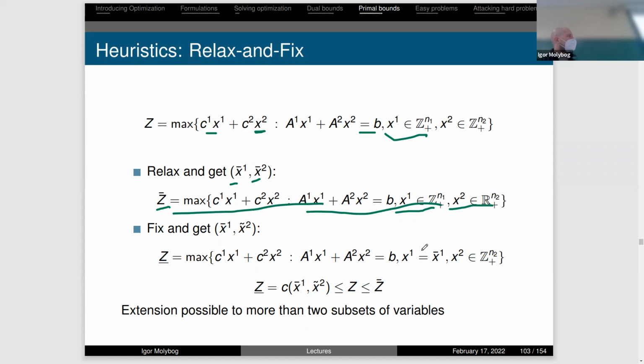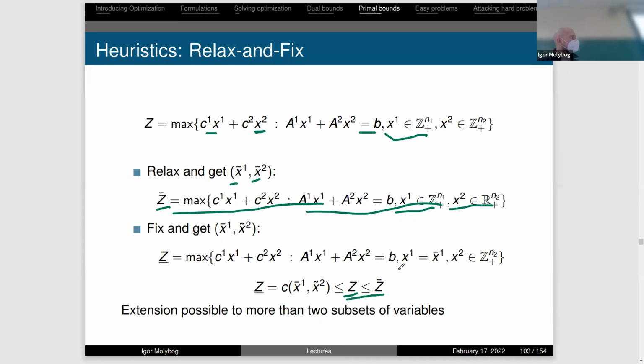So z bar is going to be greater than the original solution z. Here, on the first stage, we are actually gaining a dual bound on the solution of the original problem. What we do next is fix all of the variables x1.